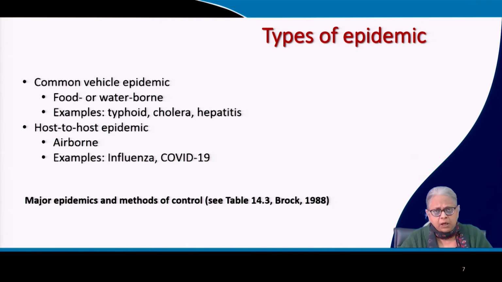Fomites are basically surfaces that are contaminated by the infective agent, by the bacteria. If someone else comes and touches it, they are likely to carry the infected organism into their system and therefore get infected. So immunization with the diphtheria toxoid and quarantine of the infected individuals is the best way to control it.